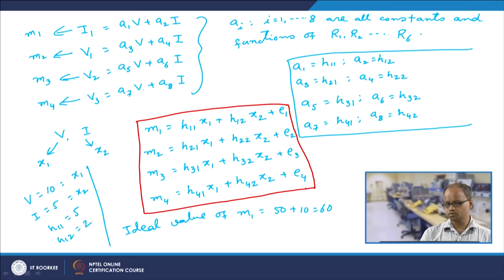Now our task is to estimate x1 and x2 from these measured quantities M1, M2, M3, M4 such that the effect of these random errors E1, E2, E3, E4 is minimized. This will continue from the next lecture.